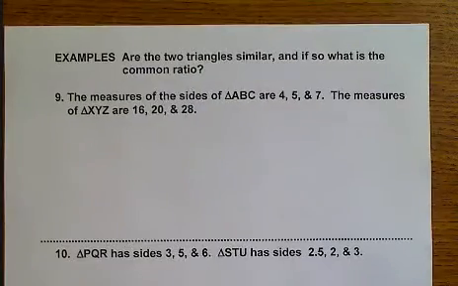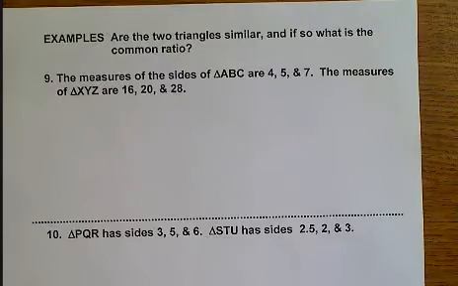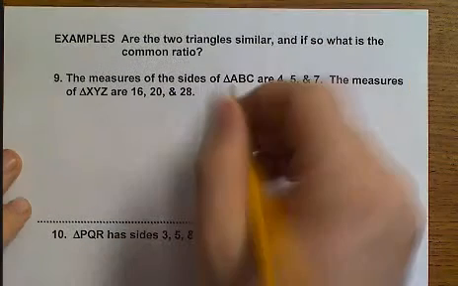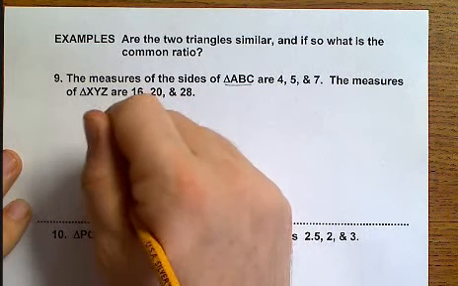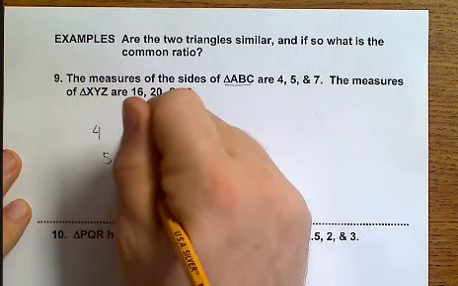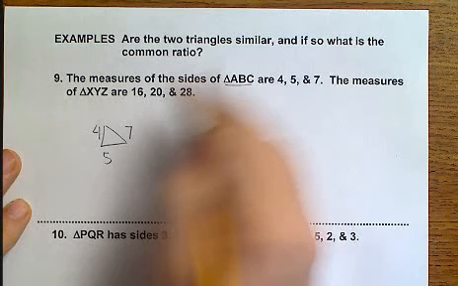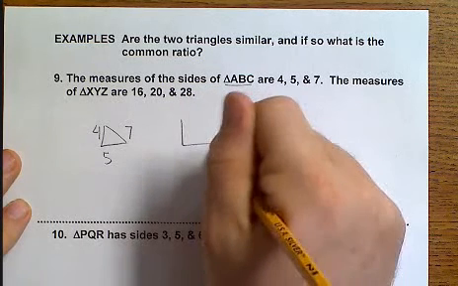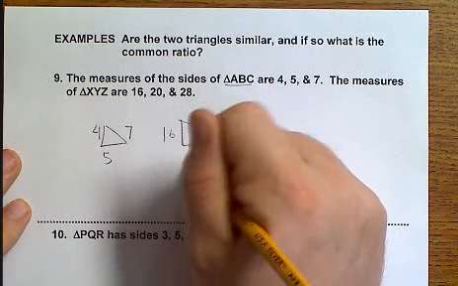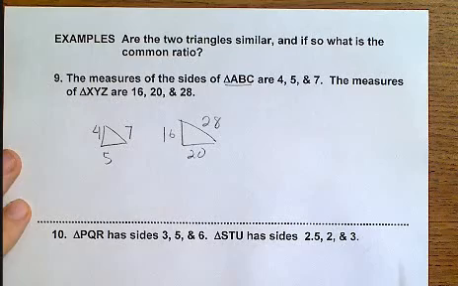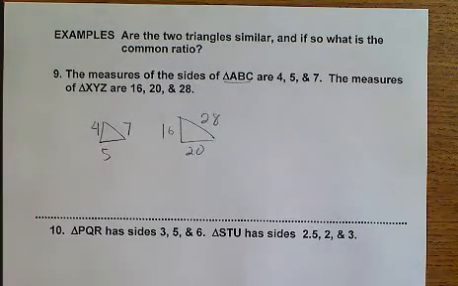All right. We have 2 more examples. We want to know if these two triangles are similar, and if so, we want to figure out what the common ratio is. So ABC is 4, 5, and 7. And XYZ is 16, 20, and 28. And so we're going to go ahead and figure out what this is.